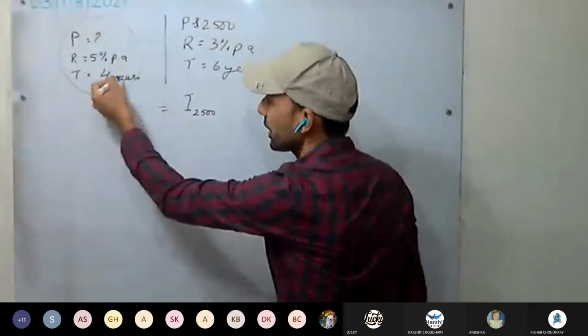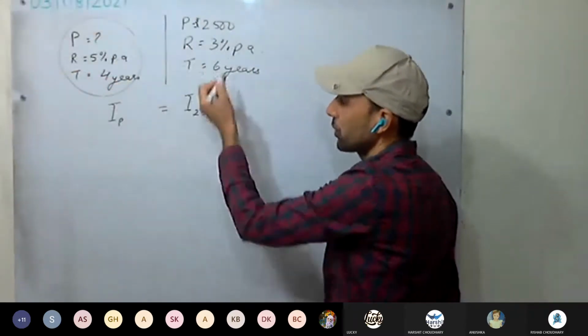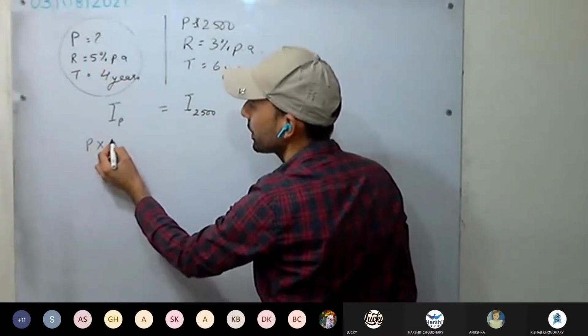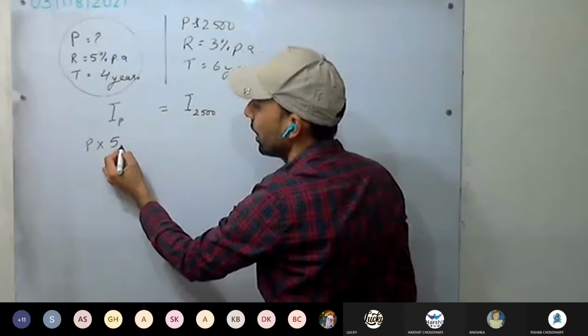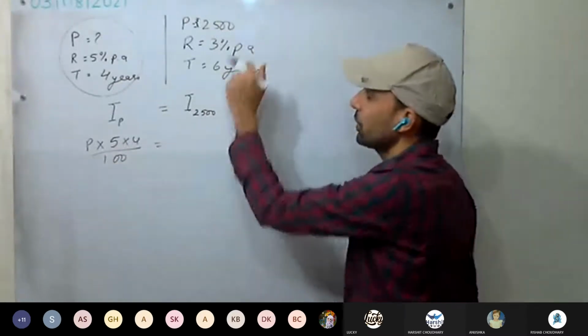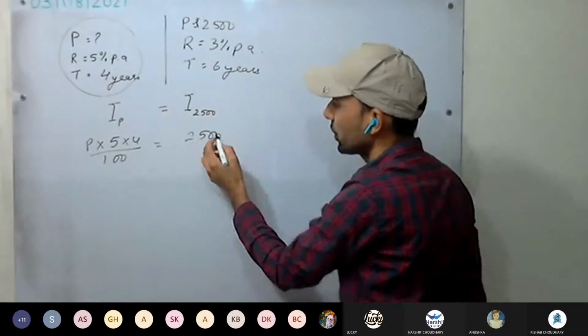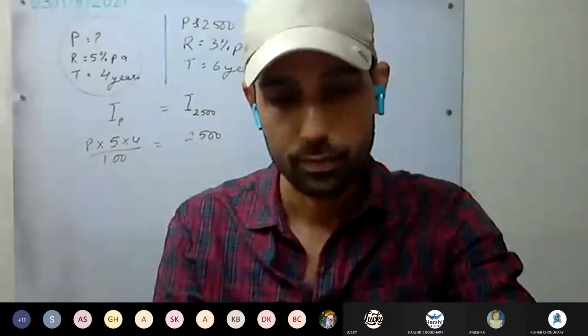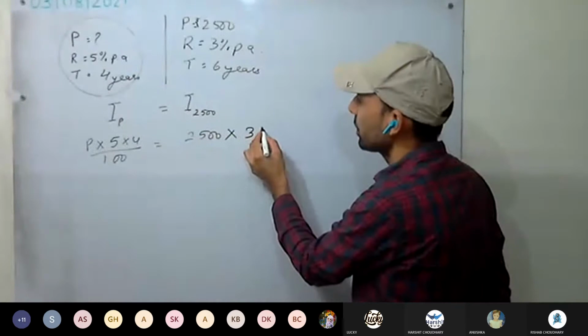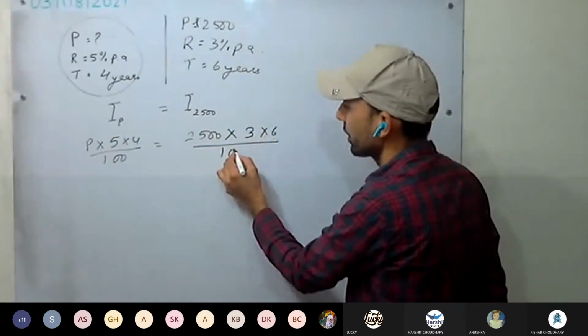Whatever interest we are getting from this will be equal to the interest over this. So what will be the interest here? P into R, that is 5%, into T upon 100. This will be the interest here. And what will be the interest here? 2,500 into 3% per annum into 6 years divided by 100.